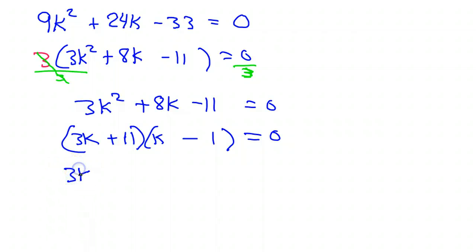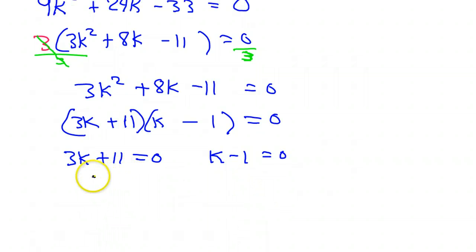Now, 3k plus 11 equals 0. That'll give me one solution. And k minus 1 equals 0 will give me another. Alright, subtracting 11 from both sides and adding 1 to both sides. Okay, this will give me 3k equals negative 11.